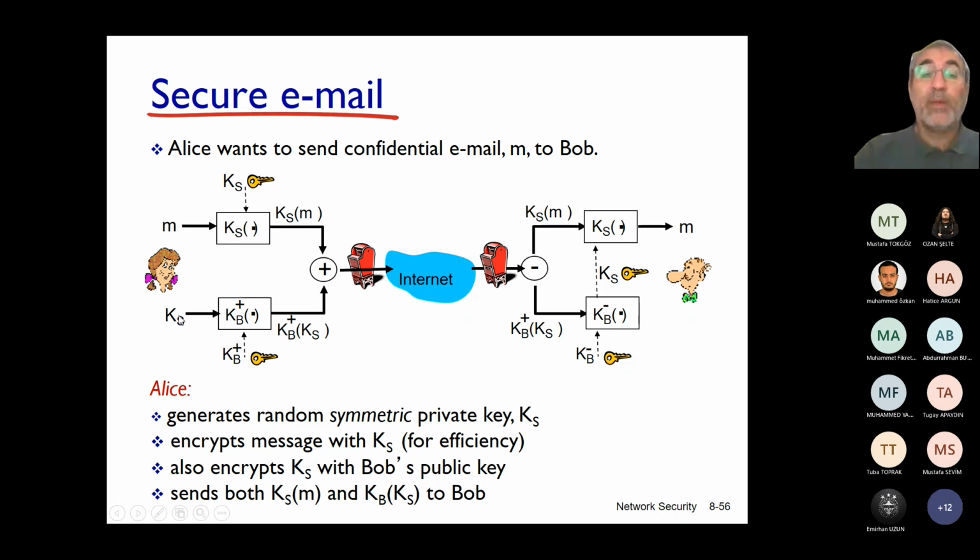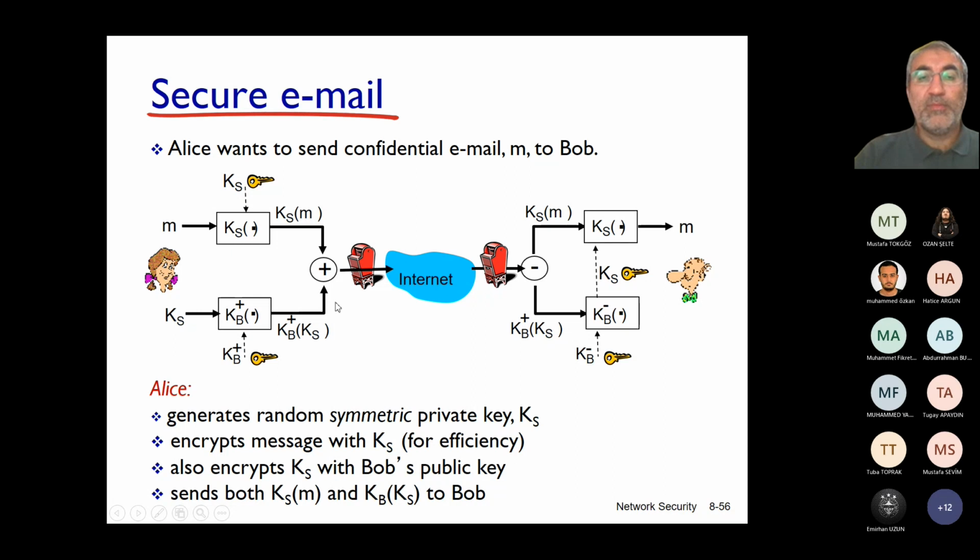This is a symmetric private key that is shared with Bob. Then she encrypts the message M with this symmetric private key KS and obtains KS of M at the top of the chain.